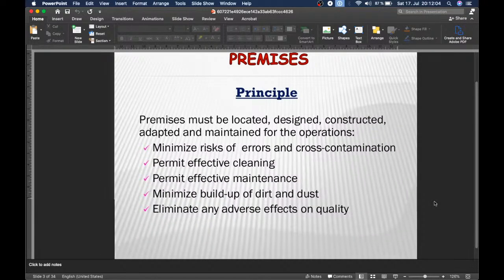The premises should be located, designed, constructed, adapted, and maintained for the operations, and should have minimum risk of errors and contamination, including cross contamination.